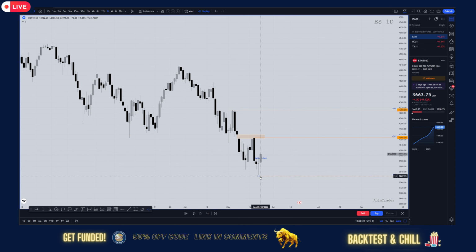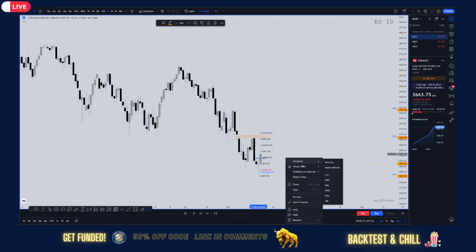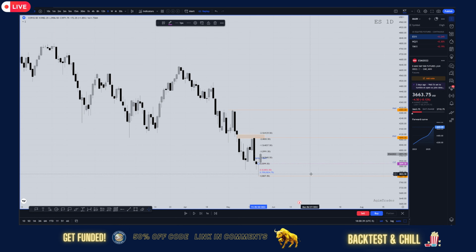I will mark this wick, so there's something called consequent encroachment I mentioned. If I draw a fib on this at the 50% level, we can expect to see price use that area as a strong rejection point.